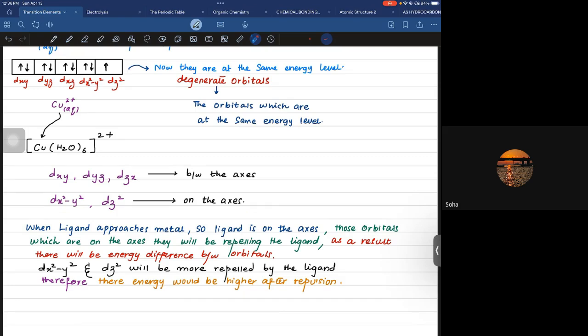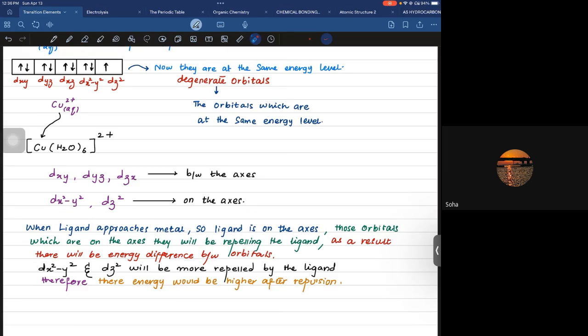As a result, there will be an energy difference between the orbitals. So those on the axis will be more repelled by the ligand, and of course when they are more repelled, they will have more energy.